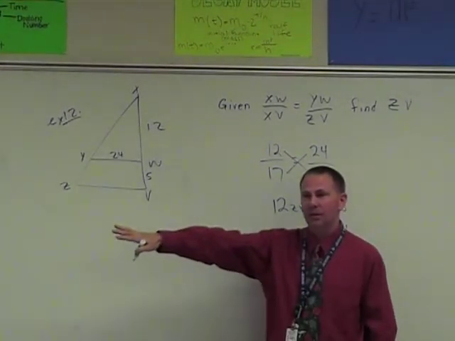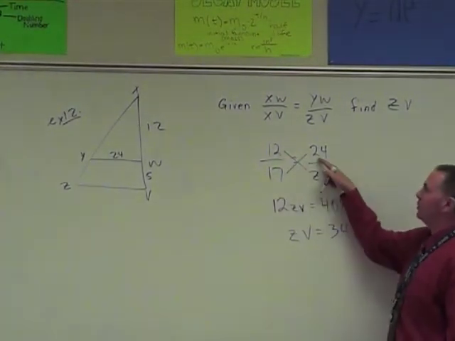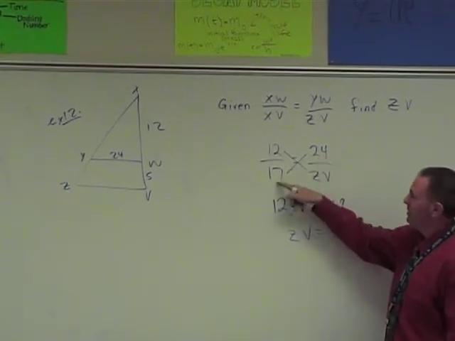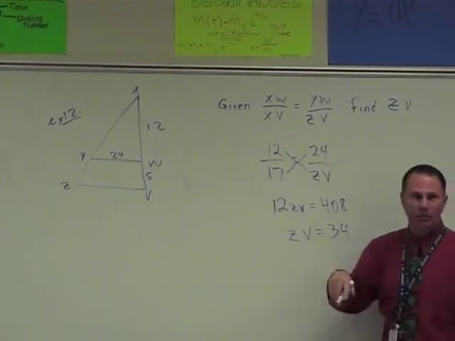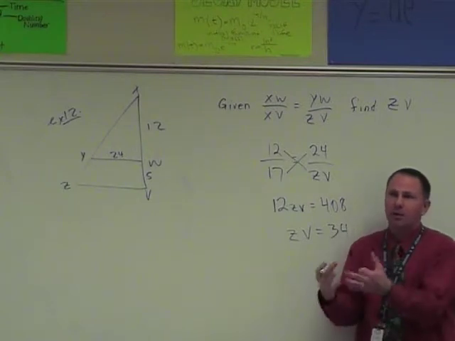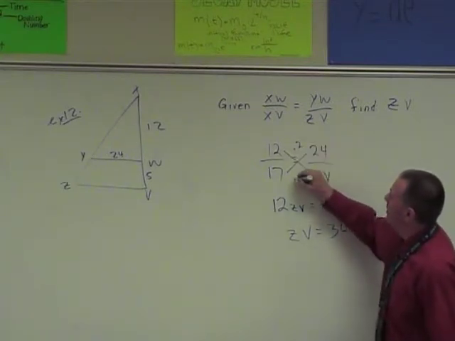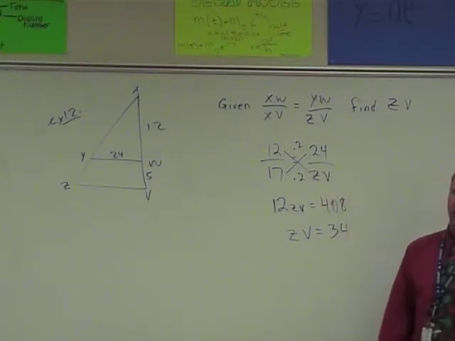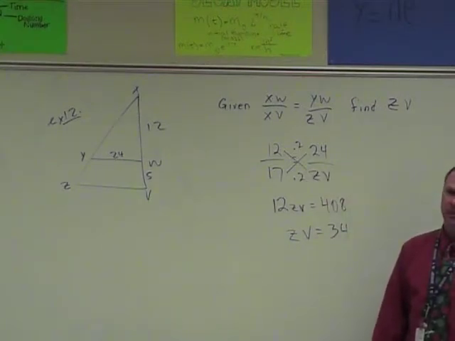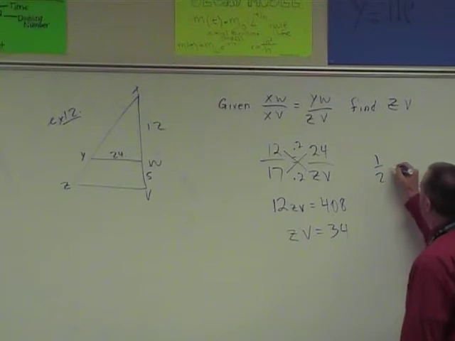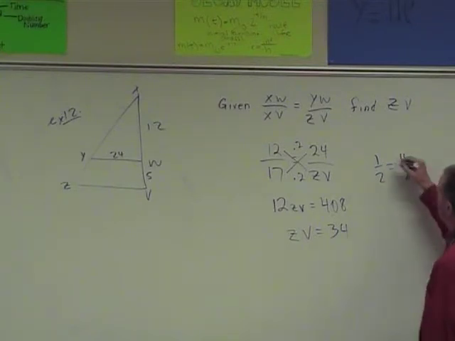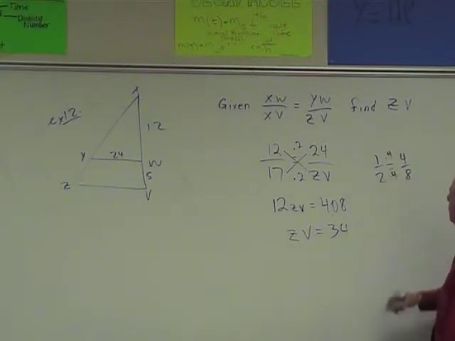Because of what we did over there, you can say 12 is to 24 as 17 is to something. Just like when you went 1/2 to 2/4, we multiplied by the same number. If you can see that we're multiplying by 2, then you can multiply by 2 down there, for the same reason that 1/2 equals 4/8. We can multiply by 4, we can multiply by 4.